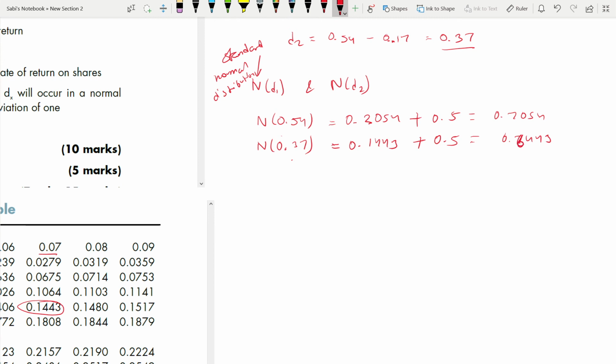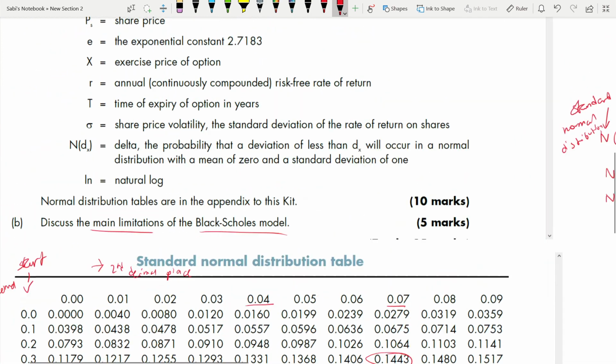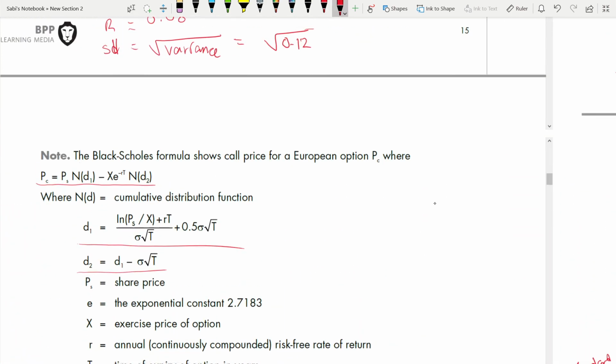So now you have to use the Black-Scholes formula. What is that formula? We are talking about this very first formula. This formula we have to use.